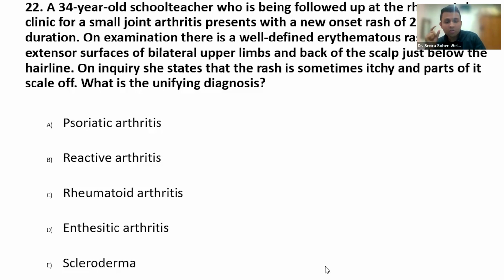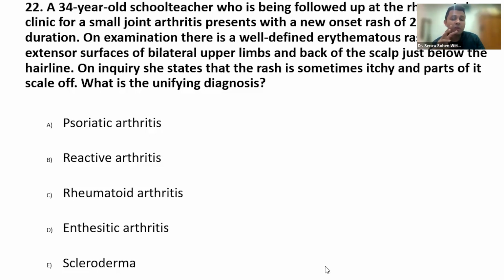So how do you differentiate between dandruff and psoriasis is that dandruff or seborrheic dermatitis will not extend beyond the hairline, but psoriasis will extend beyond the hairline. And psoriasis rash can sometimes be itchy and it can have fine scaling and it will be erythematous to violaceous in colour. And psoriasis can also present with arthritis, which can sometimes even predate the rash.